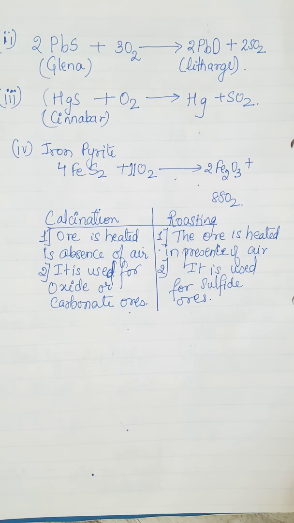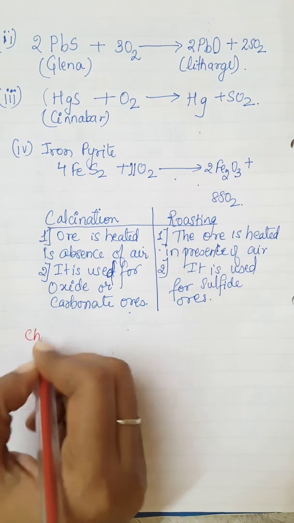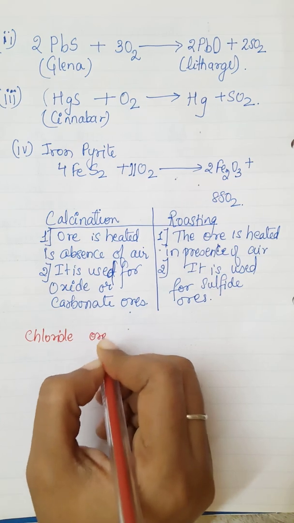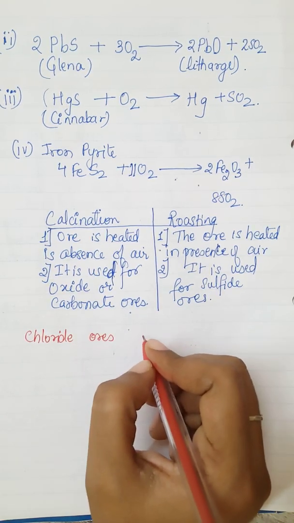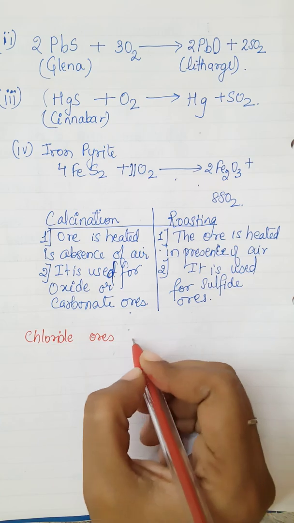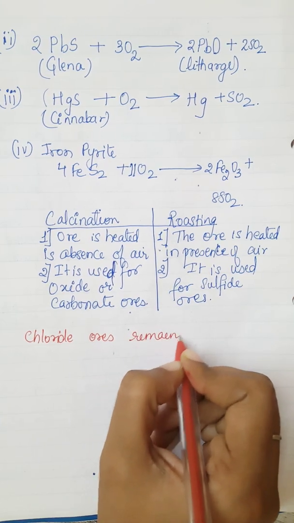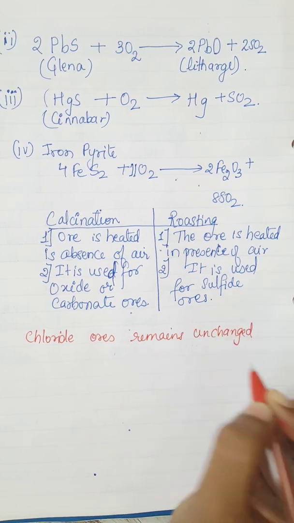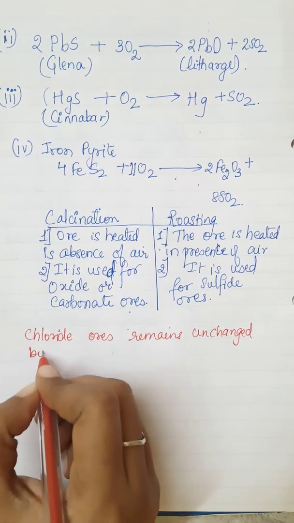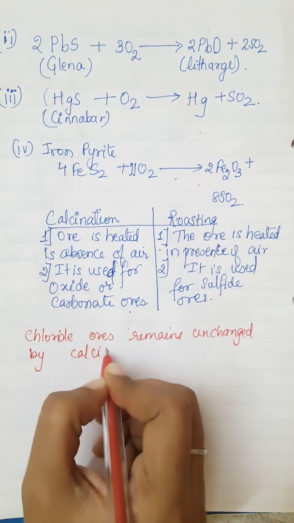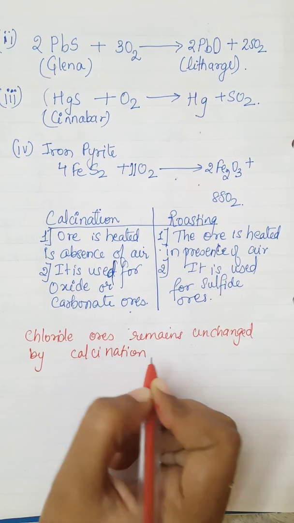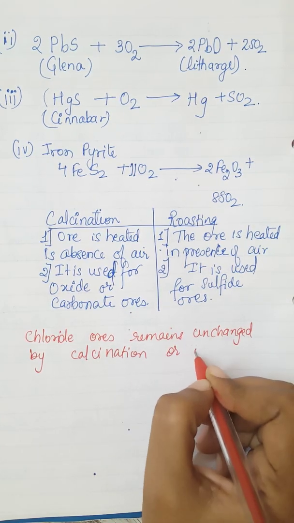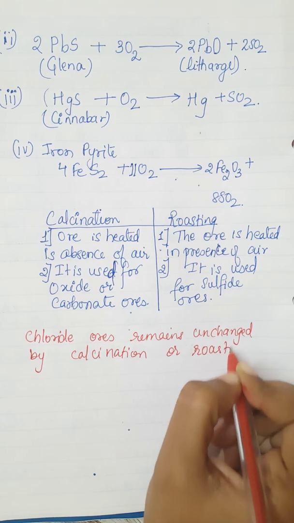So basically what happens is the chloride ores remain unchanged by calcination or roasting. This you should remember.